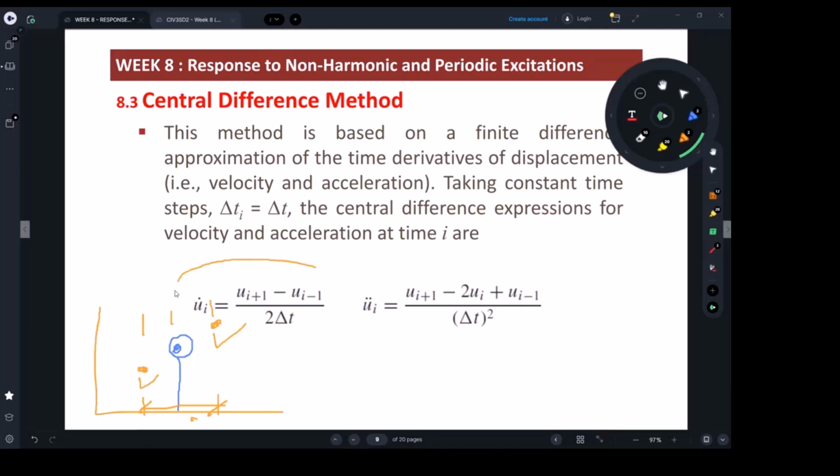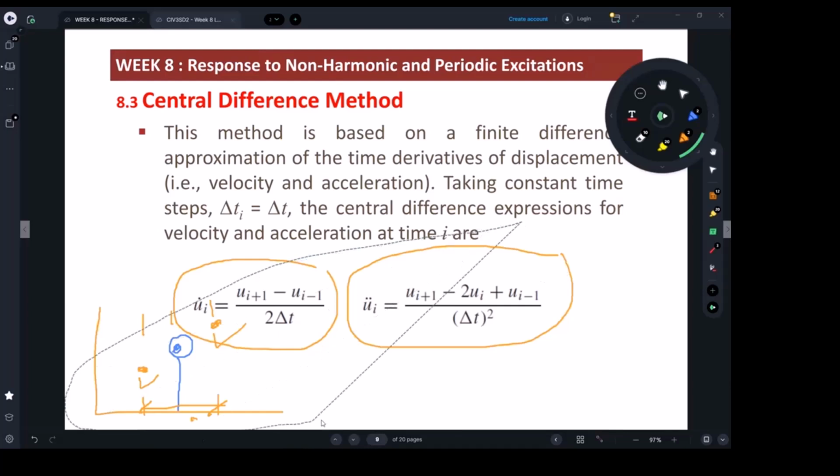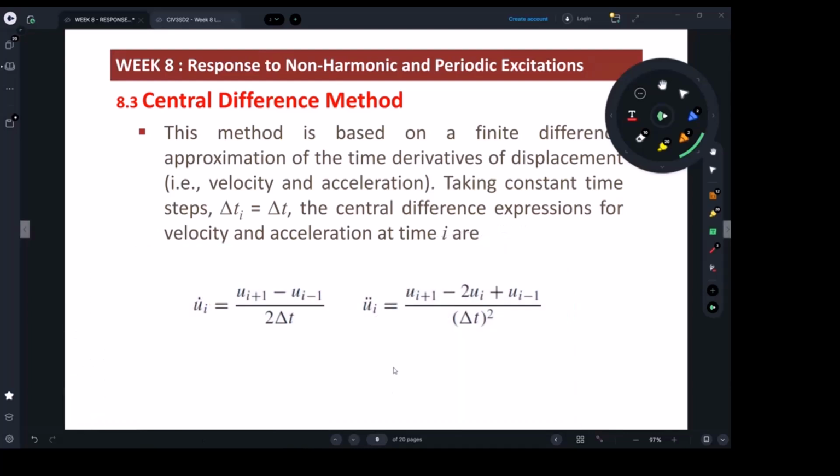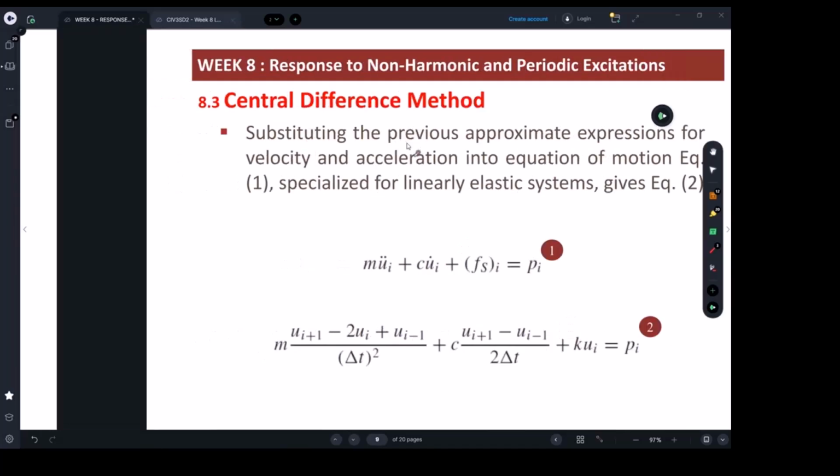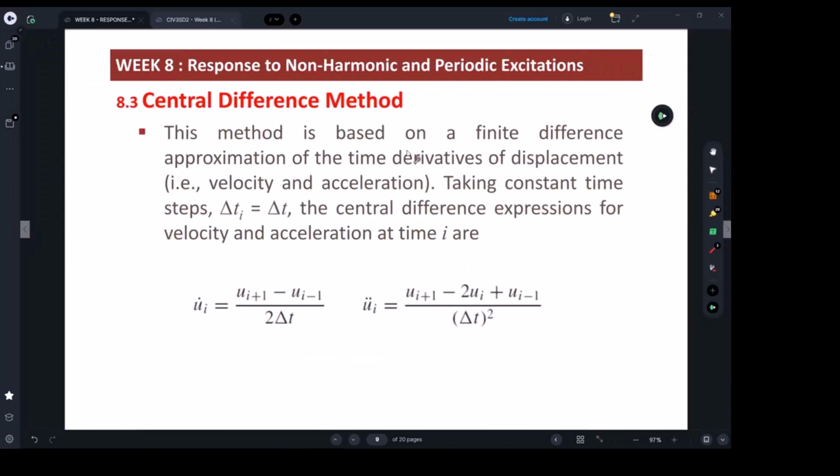If we differentiate this relationship, again by math, you will end up with this formula. Up until now, we are just talking math, to apply these formulas, which are known as the central difference method. U double dot means 2 times integration or derivation?